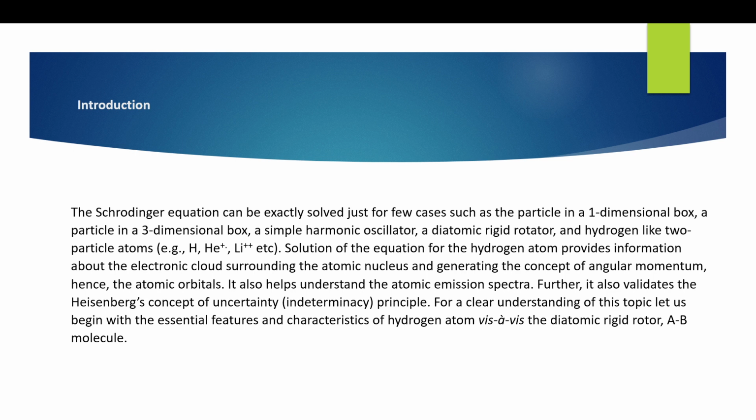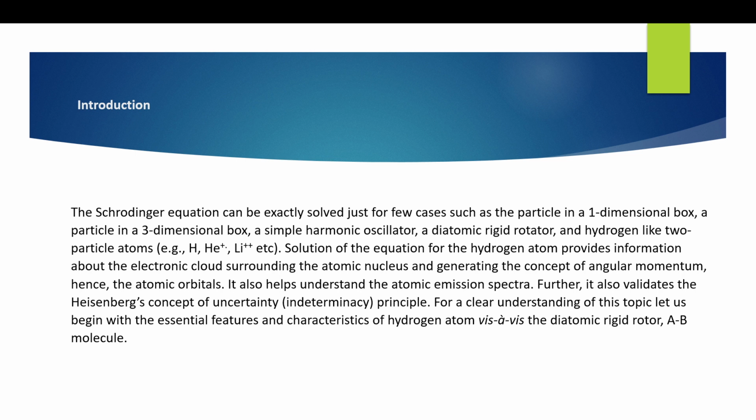The Schrodinger equation can be exactly solved just for a few cases, such as particle in a one-dimensional box, particle in a three-dimensional box, simple harmonic oscillator, a diatomic rigid rotator, and hydrogen-like two-particle atoms like the hydrogen atom itself, helium monopositive, lithium dipositive, etc.